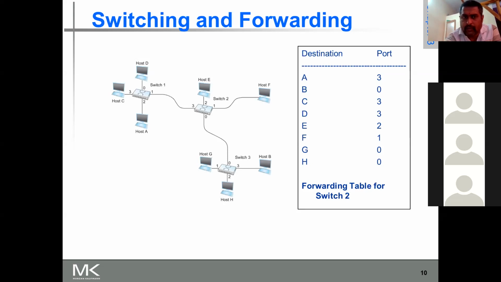Whatever systems are behind switch 1, if it wants to send packets to them, they will be reached through port 3. The next forwarding node will be switch 1, and later switch 1 is the one which will decide how to send to the internal systems. In this way, a forwarding table will be prepared.